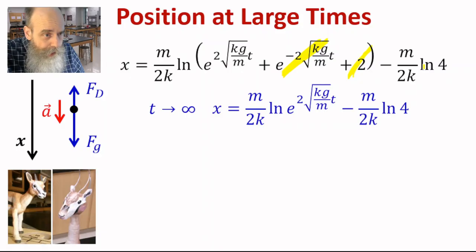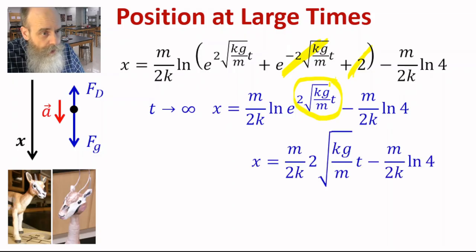Now, ln is the inverse of the exponential function. So this thing, once we work that out, is just going to equal 2 square root kg over m times t. And so this is what we get: m over 2k, these things here, plus 2 square root kg over m times t, minus m over 2k ln 4.